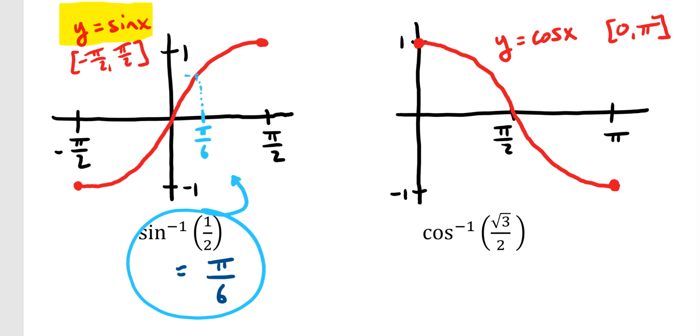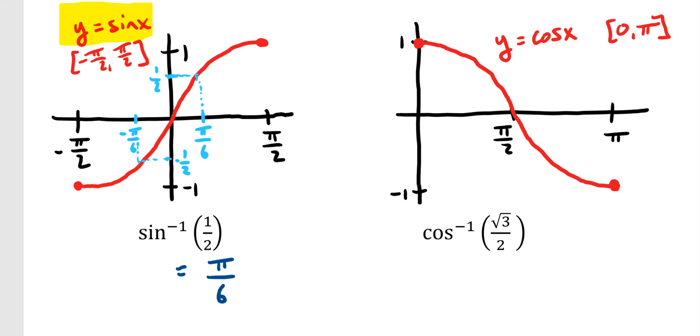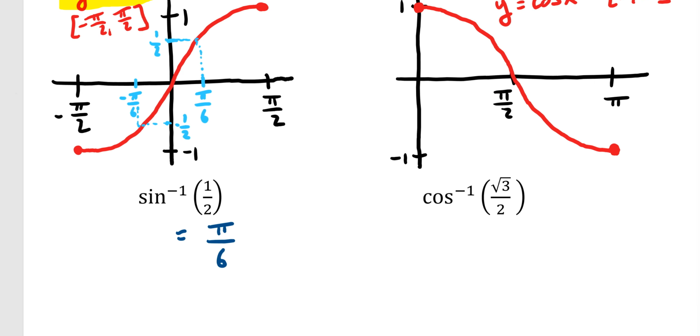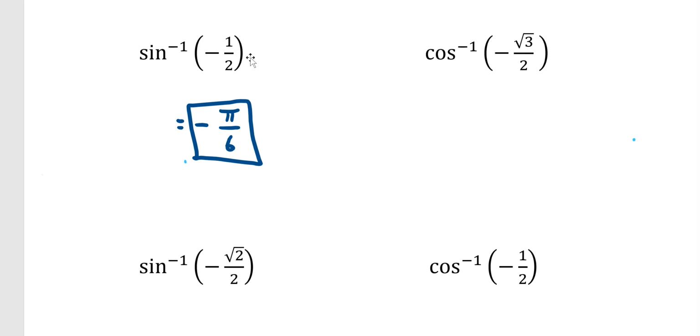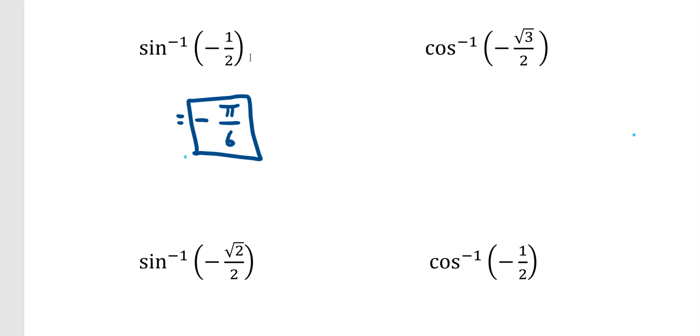That means sine of pi/6, this isn't drawn to scale perfectly, is 1/2, right? So sine of pi over 6 equals 1/2. Looking at this symmetry, it probably becomes a little bit more obvious that sine of negative pi over 6 is negative 1/2, which is the reason why sine inverse of negative 1/2 is negative pi over 6.